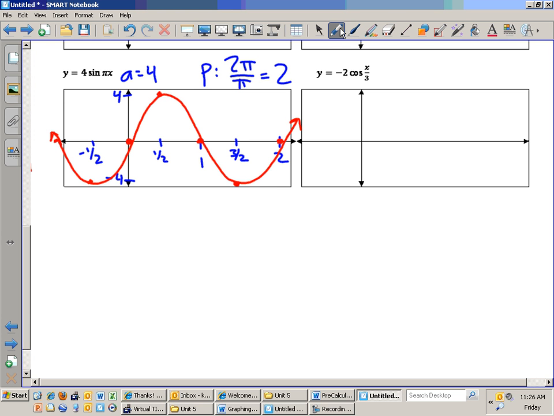All right, let's do the last one. What's the amplitude? 2. So I mark off 2. I mark off negative 2. And then, what's the period? 2 pi divided by 1/3. 6 pi, very good.